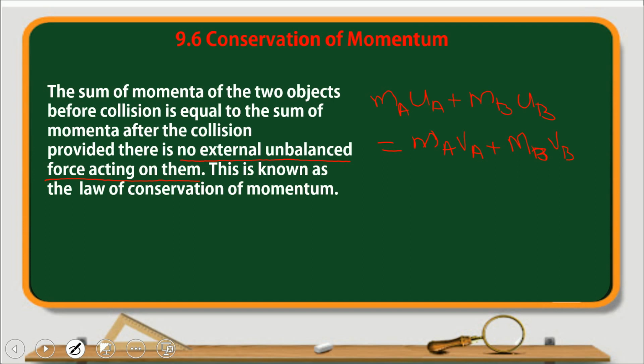Understand, these are the three main formulae: momentum, P is equal to mv; the force equation, F is equal to ma; and the conservation of momentum, MAUA plus MBUB is equal to MAVA plus MBVB. Using these formulae, we can do the sums. So that is very important. Sure.